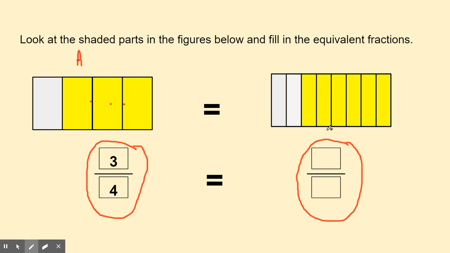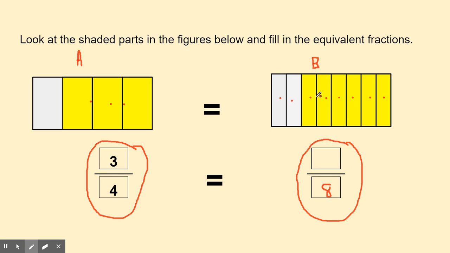And we can find that out by counting the equal parts in option B's rectangle, and then figuring out how many of the equal parts are shaded yellow. So first of all, how many equal parts are there? There's 1, 2, 3, 4, 5, 6, 7, 8 equal parts. So 8 will be our denominator.